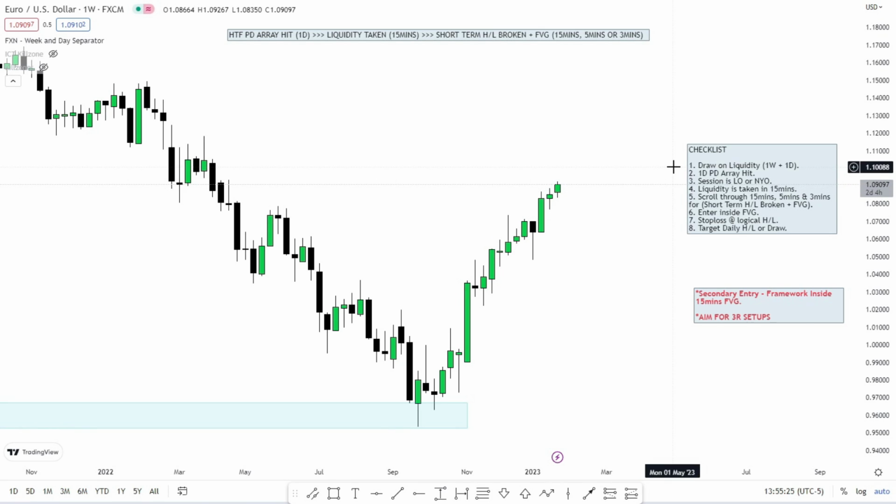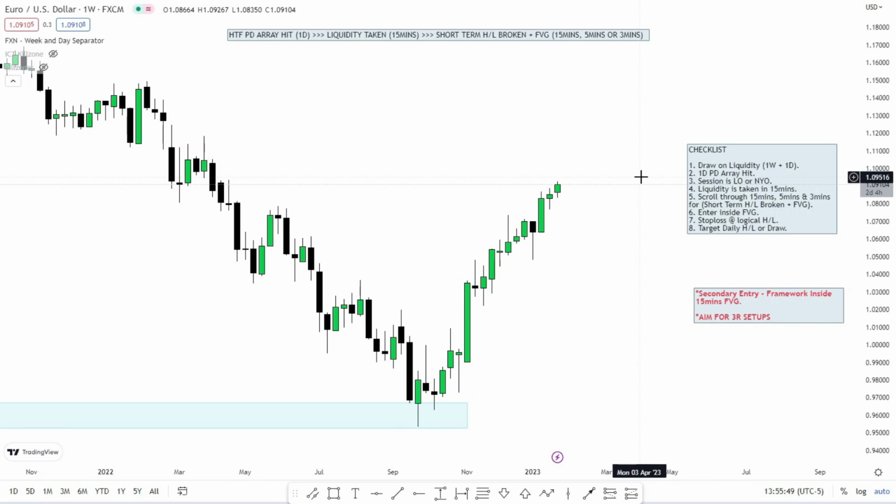You want to be looking for the drawn liquidity on the weekly plus daily. Of course you want to focus on the daily, so the weekly will just support the daily. Then you want to be looking for that obvious, actually I've not outlined it here, but it's an obvious 1 day PDRA that should be hit.